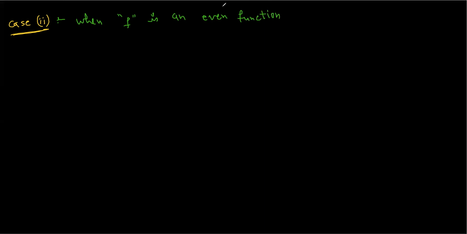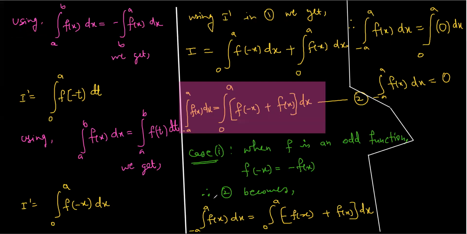So now you know, if f is an even function, what will happen? When f is an even function, f of minus x is equal to f of x. Therefore 2 becomes, what does it become, students? You will have here minus a to a f of x dx.